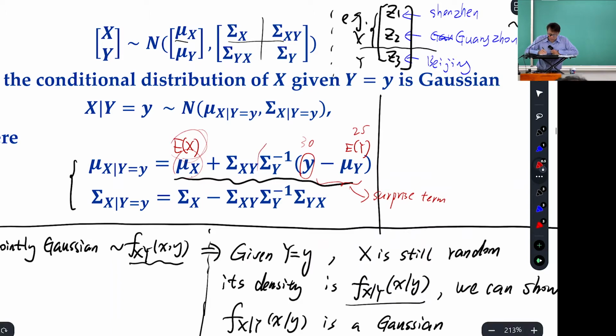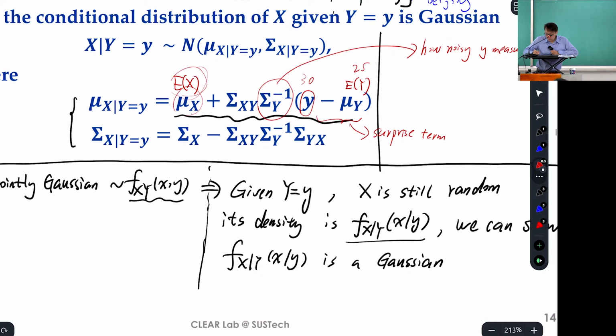Now this term, inverse of covariance of Y, is how noisy the Y measurement is. The larger the covariance, the more noisy, the less weight you want to put on the measurement. You see what I mean? It's too noisy. Sometimes it gives you 30, sometimes it gives you 0. So you wouldn't trust that much, okay?